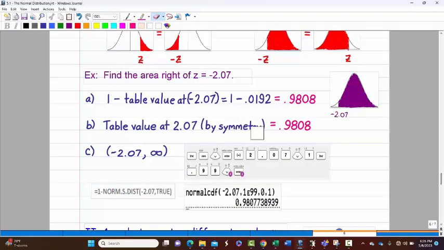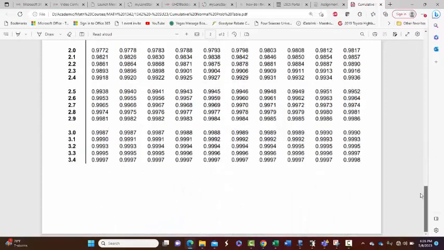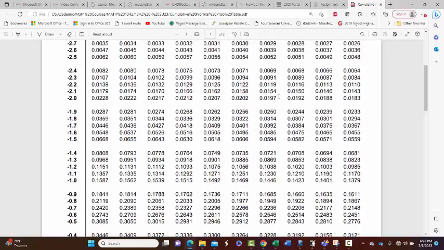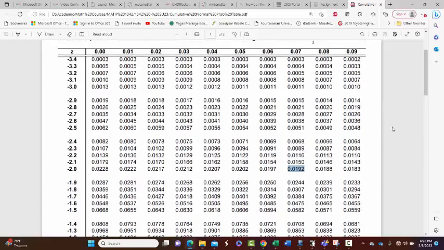So here's one I did by using the table value. Area to the right of negative 2.07. I did the 1 minus and looked up negative 2.07. And there's 0.0192, but it's 1 minus that.